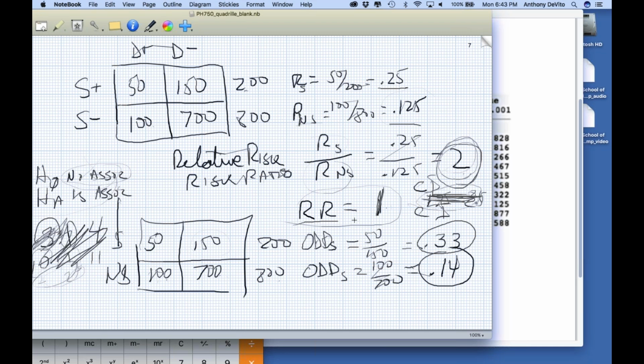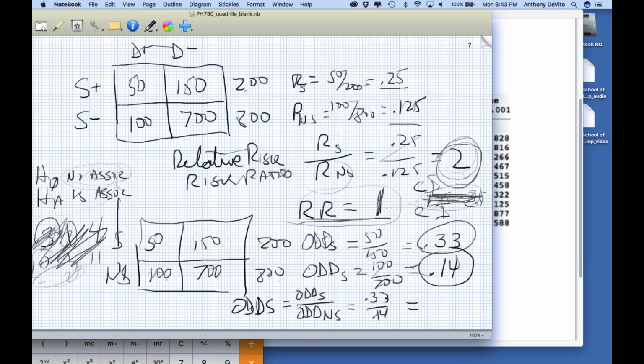Now, just like I did before, I'm going to calculate an odds ratio. The odds ratio is equal to the odds for smokers, the exposed people, over the odds for people that were not exposed. So the odds of getting lung disease for smokers is 0.33 over 0.14.